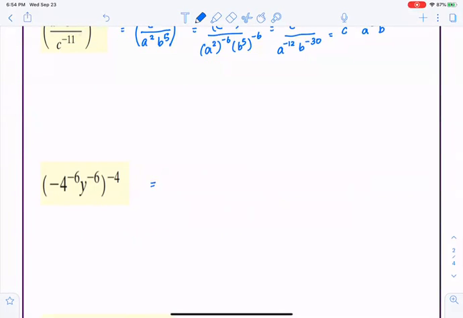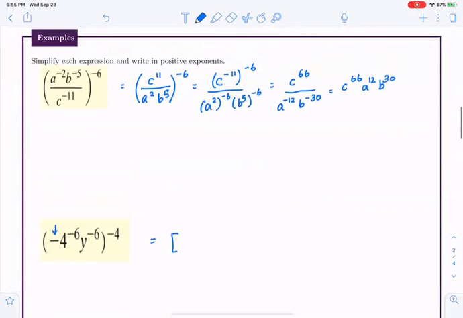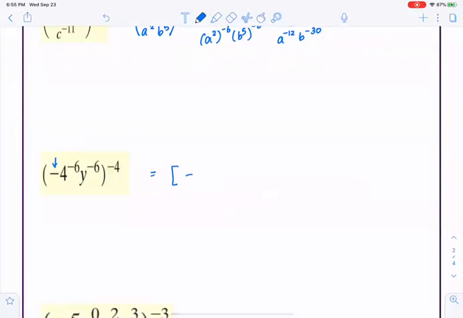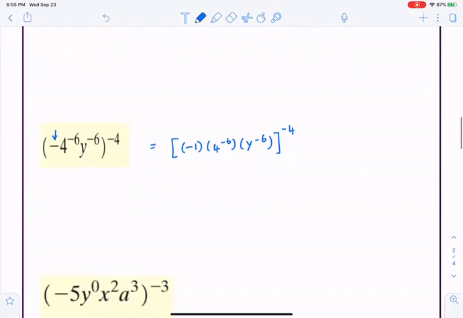So there isn't much to simplify in this problem because I don't have any terms in the denominator, except for the fact I have a negative here. That negative simply means -1. So what we have is -1 multiplied by 4 raised -6 multiplied by y raised -6, and the entire term is raised to the power of -4.